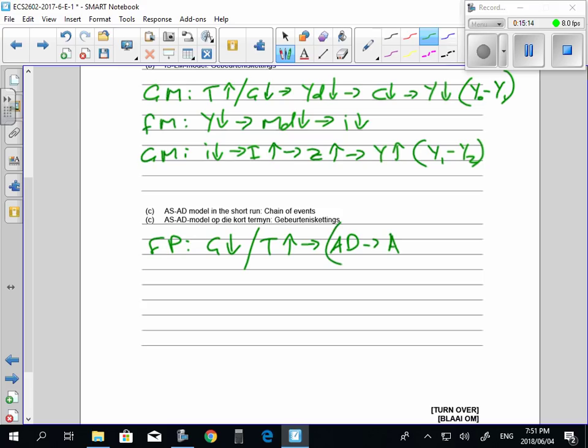The AD curve shifts from AD to AD1. All right, now, how does it do that? It is because of our goods market: decreasing government expenditure decreases the demand for goods and services, output and income decrease.